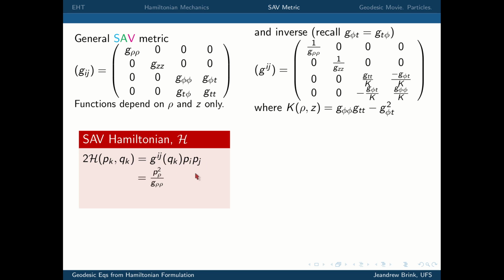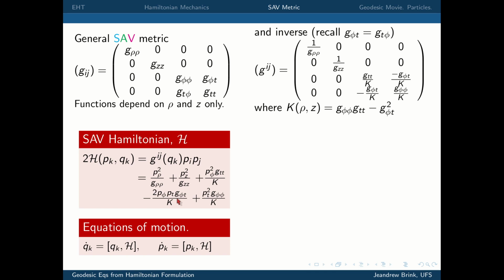If we write it out, we get p rho squared g rho rho from this term, and from the next term we get pz squared g zz, and then the contributions over here: p phi squared g tt over k, minus the cross diagonal components, 2 p phi pt g phi t over k. Important, it's combining both of them, so there's a 2 coming in there. And then we get pt squared g phi phi over k.